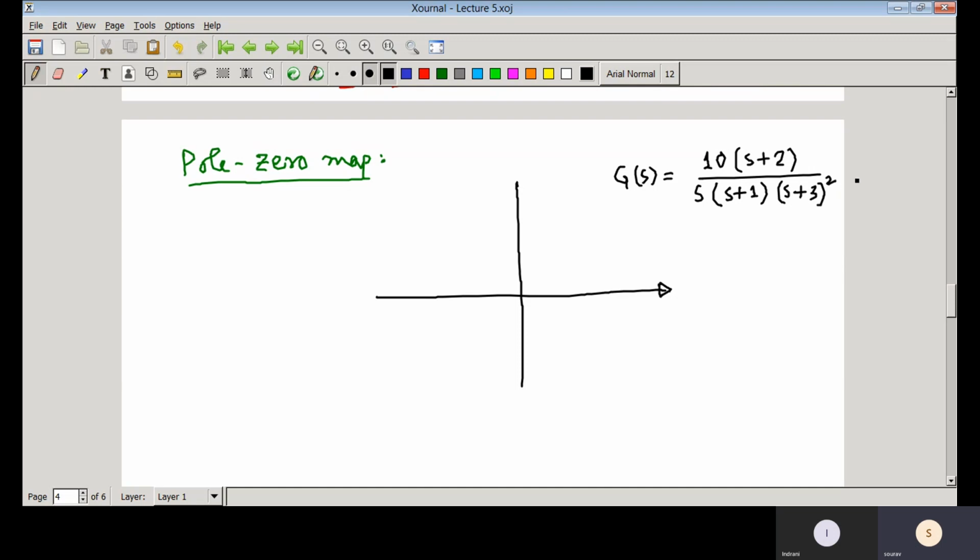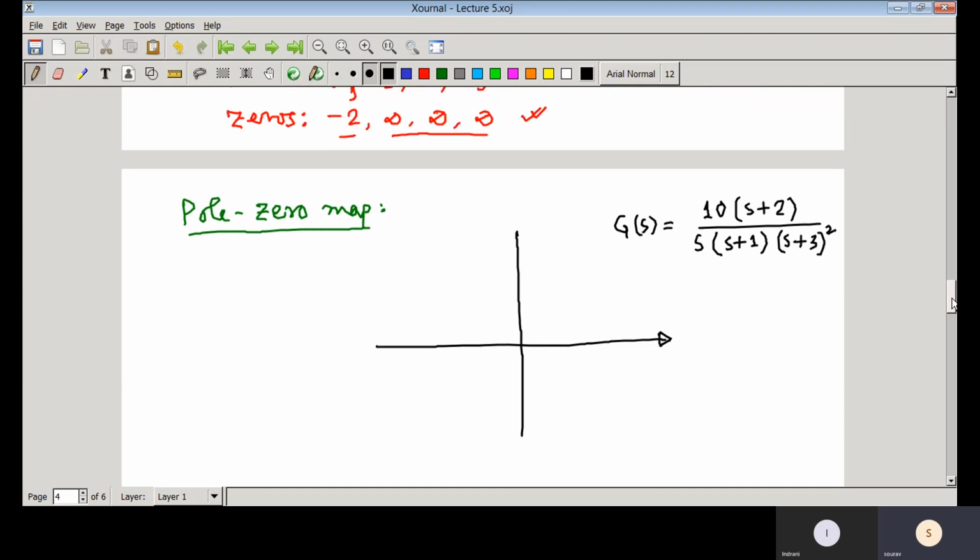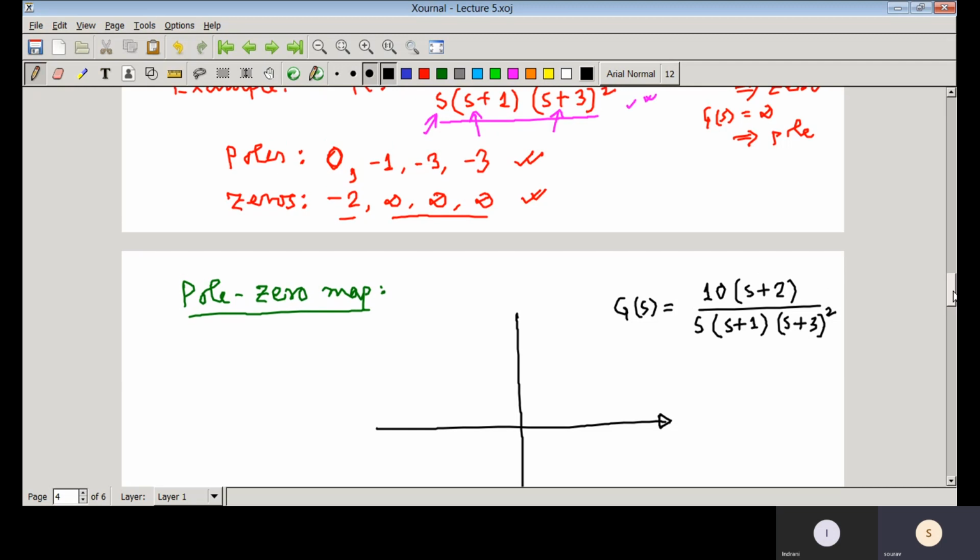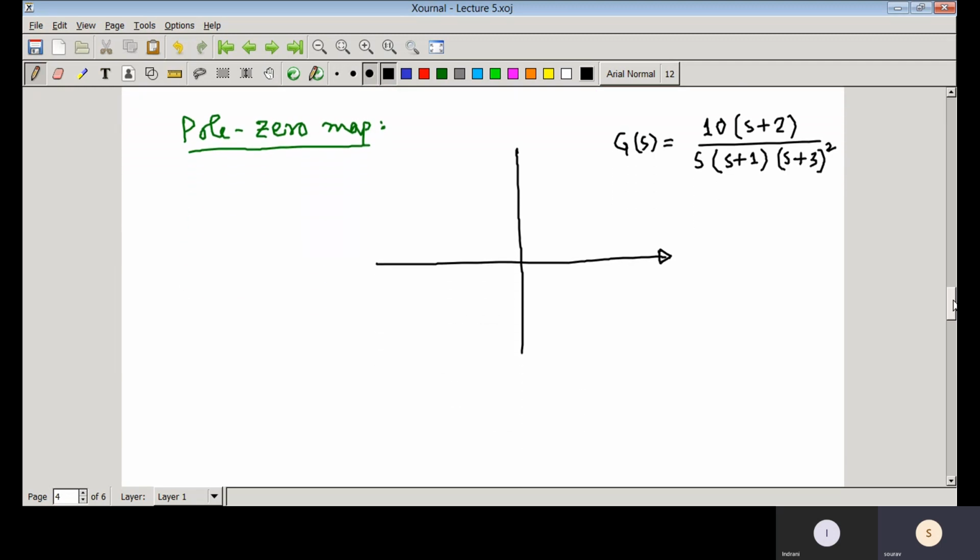In the pole zero map we show the locations of poles and zeros, and those are all finite poles and zeros. We do not show the location of poles or zeros at infinite locations. Only finite locations are shown.